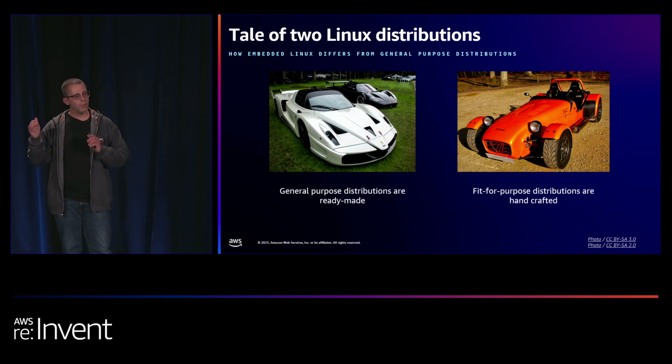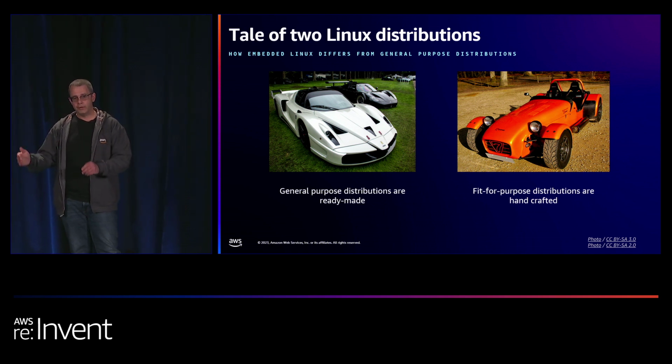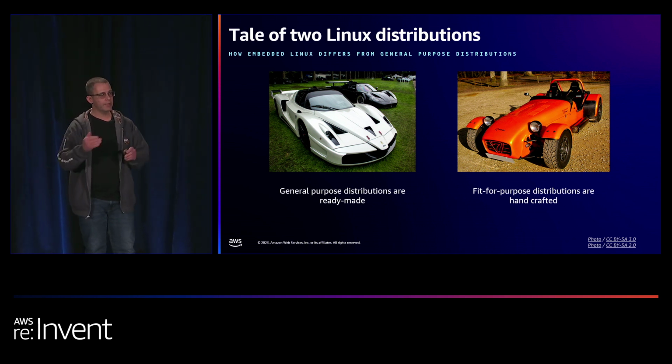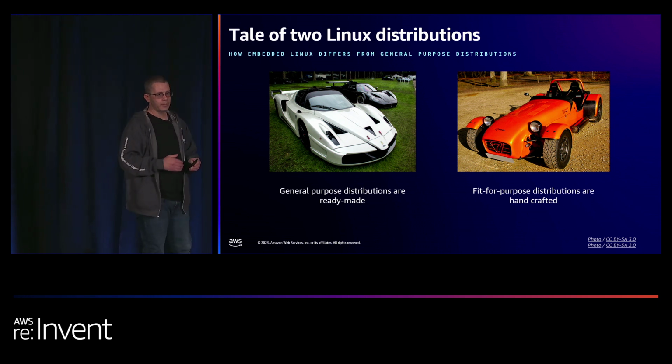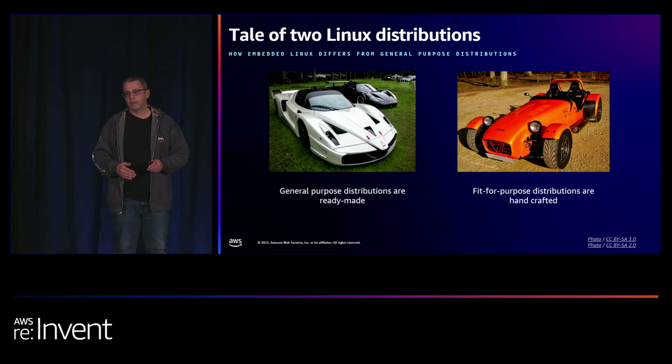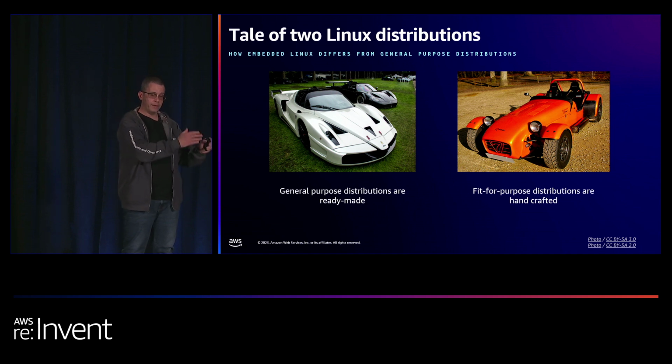On the right-hand side is a kit vehicle, where you can explicitly specify every single thing you want in that system. That is why for 20 years or more, folks have been building these embedded Linux systems to make something that is fit for purpose.